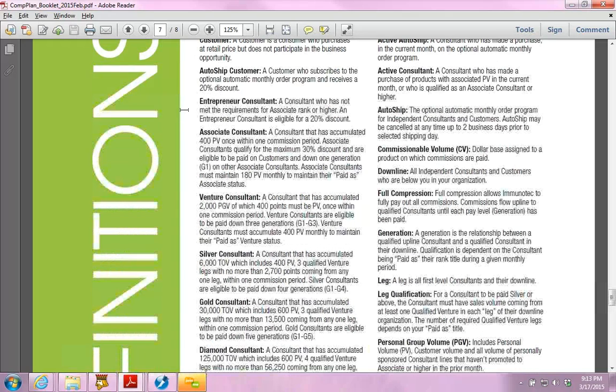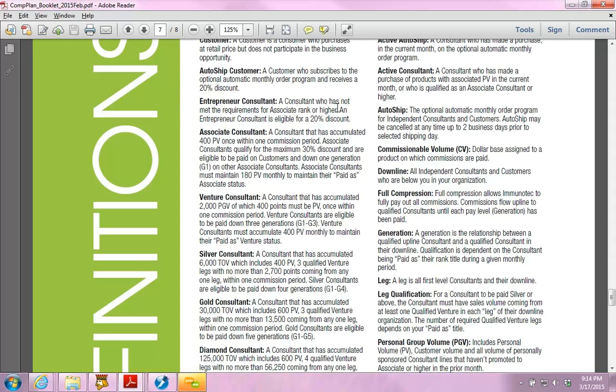Now there's this thing called entrepreneur consultant, which they define as a consultant who has not met the requirements for associate rank or higher. An entrepreneur consultant is eligible for a 20% discount. And you'll see, for example, right now, Loretta just started her consultant account this month, and in the back office, she is still showing as entrepreneur because they don't assign you a rank until the month closes.